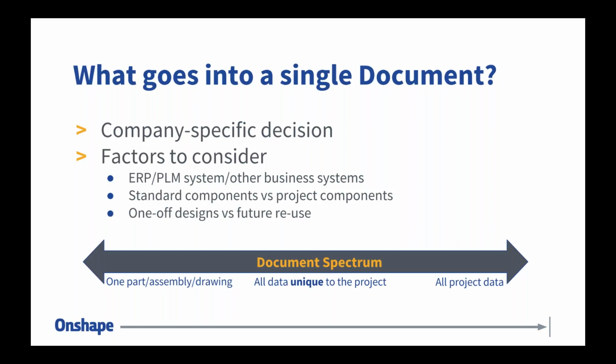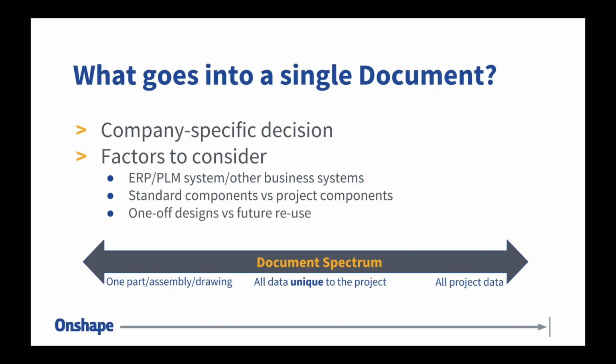They'll put copies of that into a single document. Then you kind of have the middle of the spectrum, which is generally where we recommend being, and that is all data unique to the project belongs in that document. And the reason I stress unique is if you have shared parts or shared assemblies, they shouldn't be in the same document.